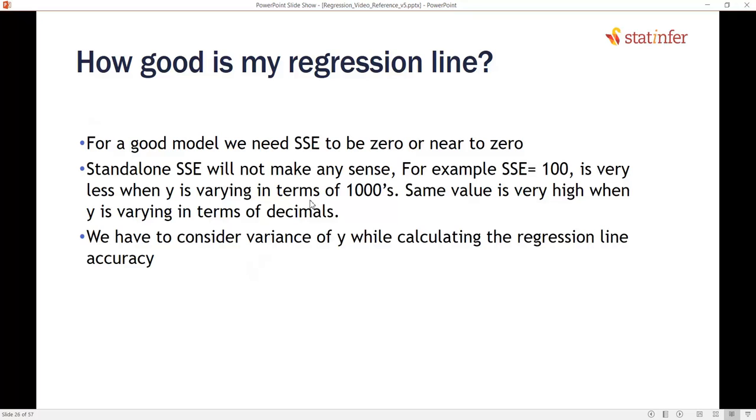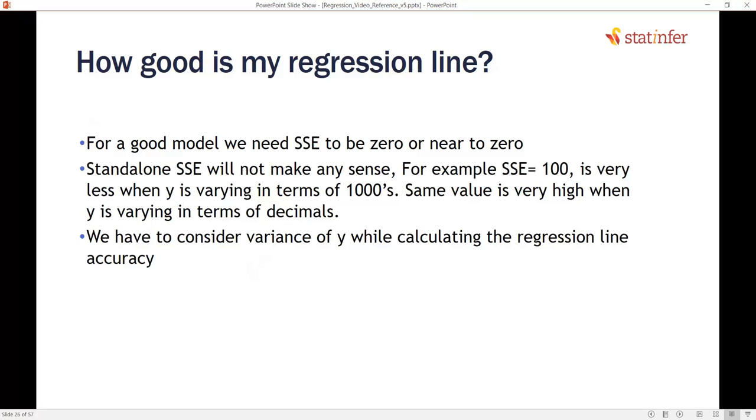If the regression line is a good fit, then we expect y predicted to be exactly the same as the y value, or y actual minus y predicted should be 0. If it is not 0, whatever the deviation is, that is called an error.